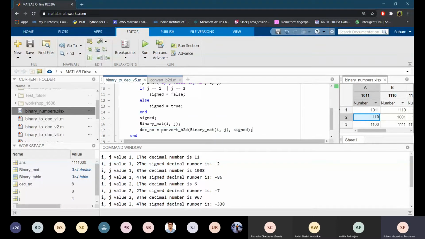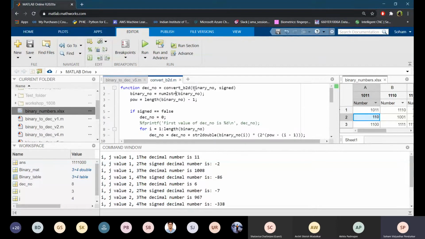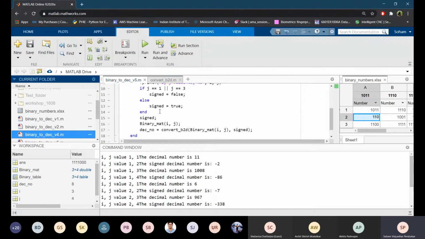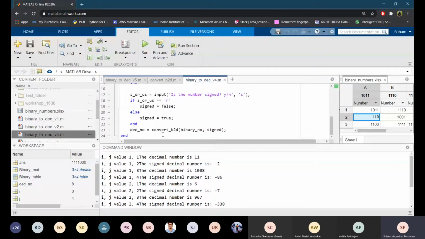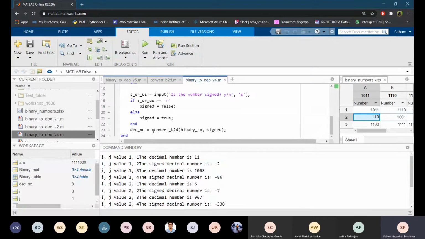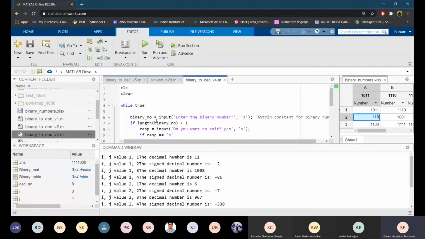So that is where we zeroed in that okay, this might be the issue, that binary number here and the binary number we're giving are both in different formats. So that is why we were doing something wrong. So if you go to version 4, we were just running this convert to binary. In that case, we were entering a binary number directly, in the form of string, if you see here.